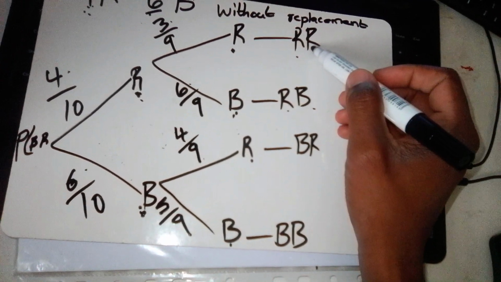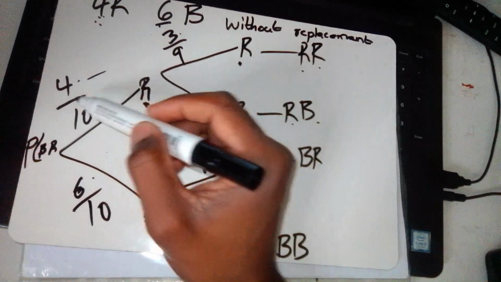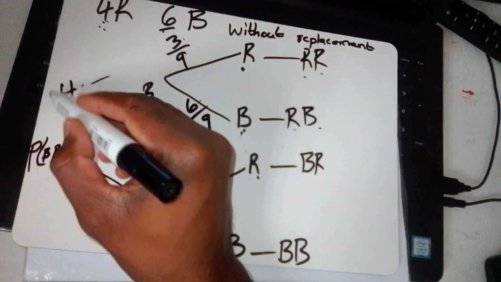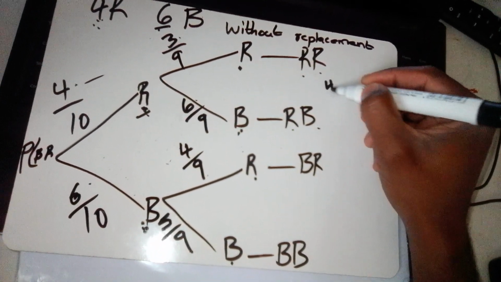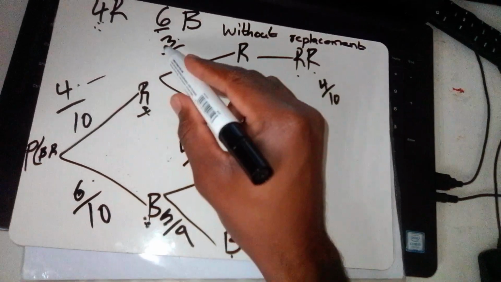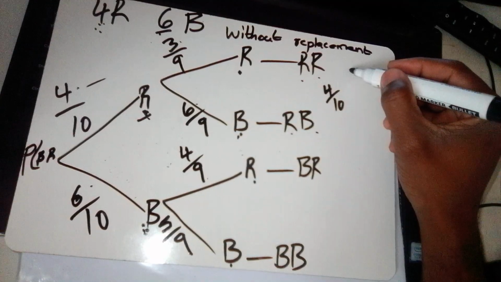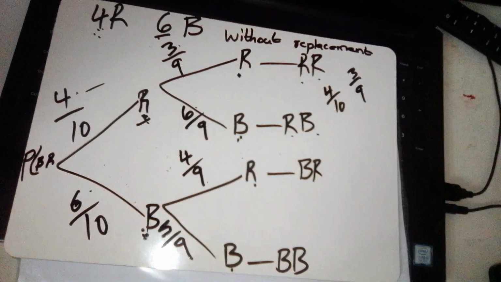So we have to look at these numbers. The number for the first red is 4 over 10, and then 3 over 9.